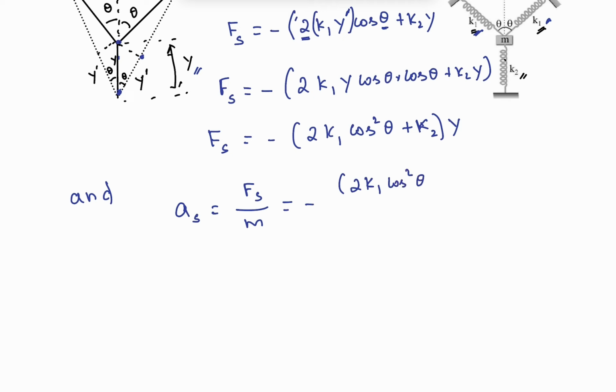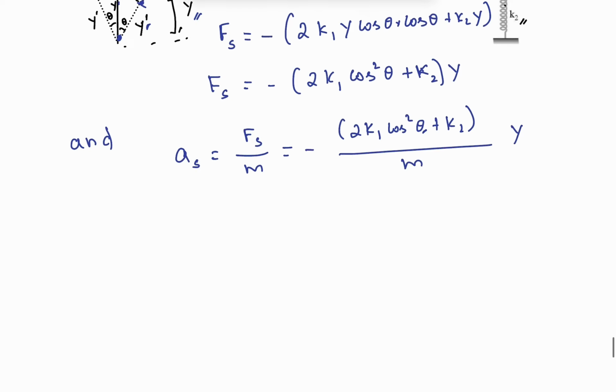Again I am repeating: cos square comes from one cos theta due to the force component and another cos theta due to the displacement. The displacement along the angle is y dash, but I want only the vertical, so that is y cos theta. That is why the square is coming. This is a key point here. Plus K2, divided by mass, into y.